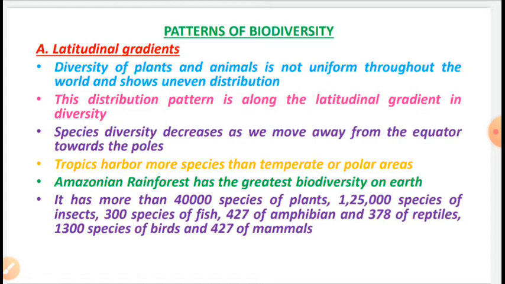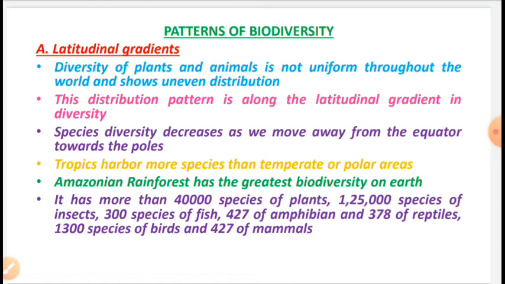For many groups of animals or plants, there are interesting patterns in diversity. Some are well known here. So, latitudinal gradient in diversity. We can study this by studying different groups of plants and animals.